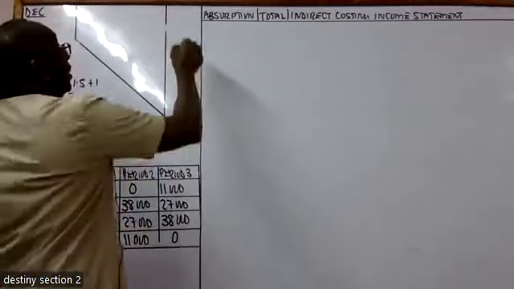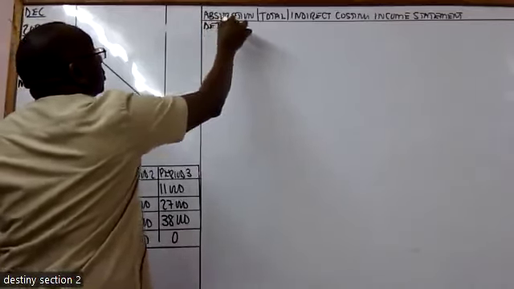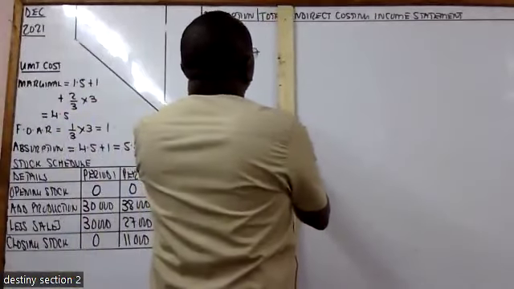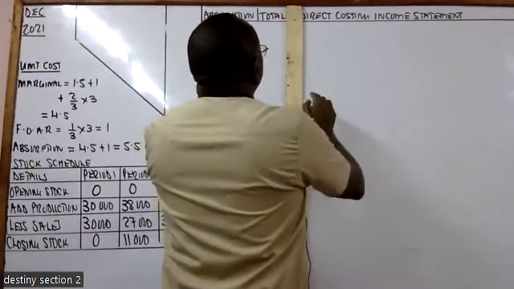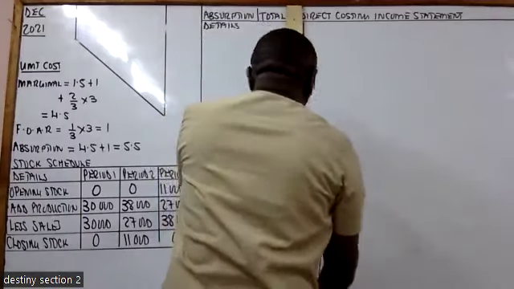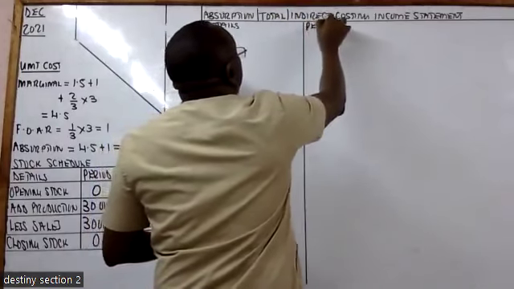So we have a column called details. We have another one called period 1.